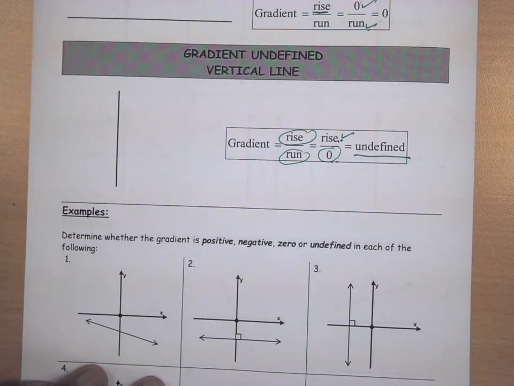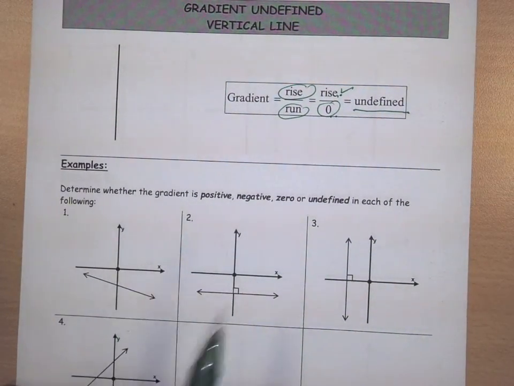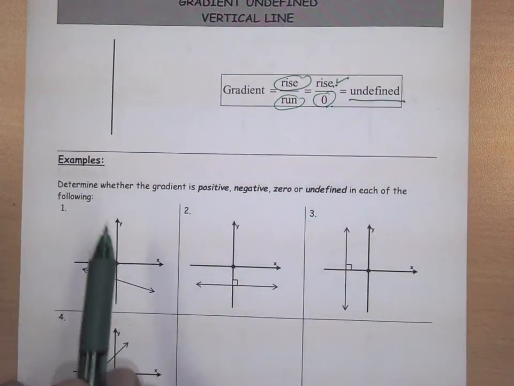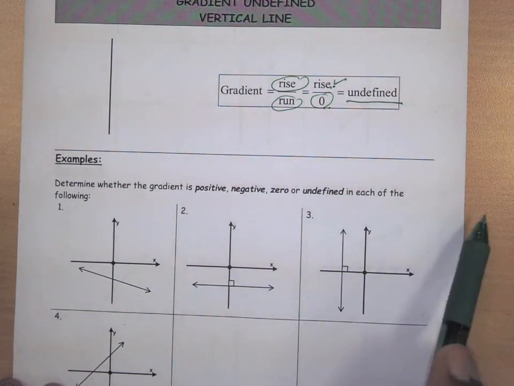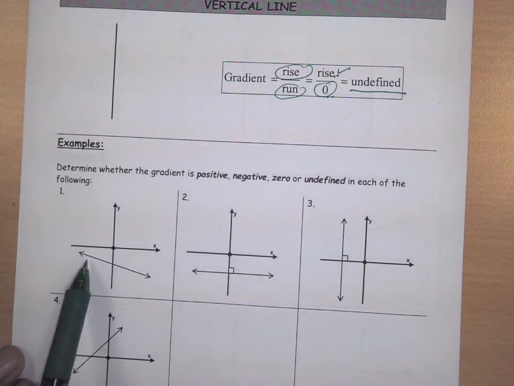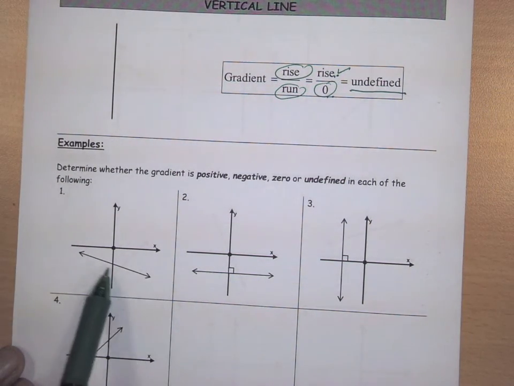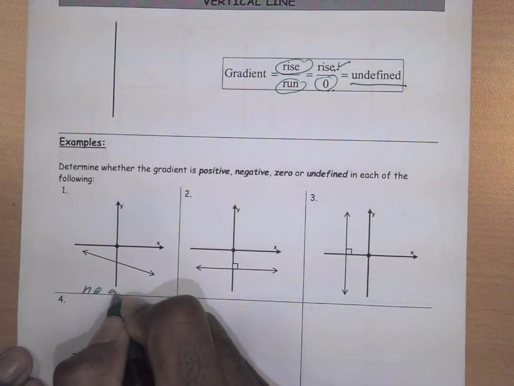Let's look at a few examples, which is on page 7 of your booklet. This booklet is on Google Classroom also. Determine whether the gradient is positive, negative, 0, or undefined, okay, in each of the following. If you look at this one, what is the gradient? The gradient is negative.